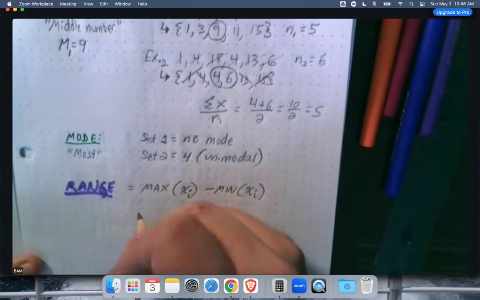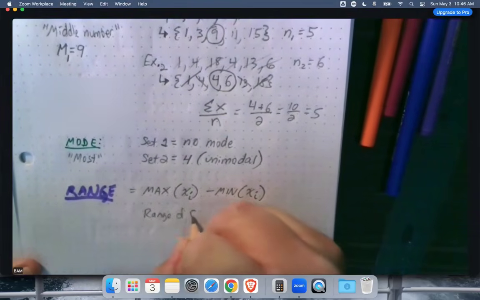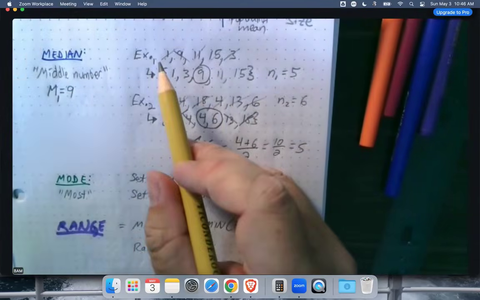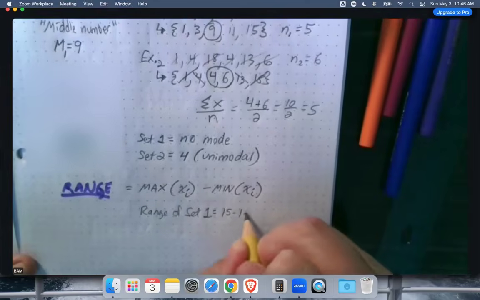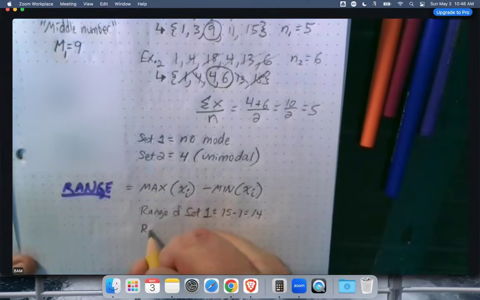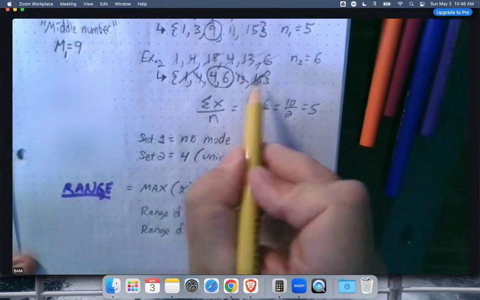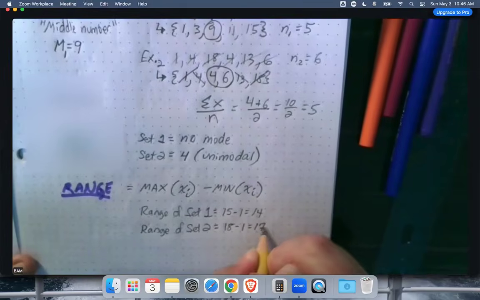So the range of set one, you don't have to show the easy work for that. It's 15 minus 1 is 14. And the range of set 2 is 18 minus 1 is 17.